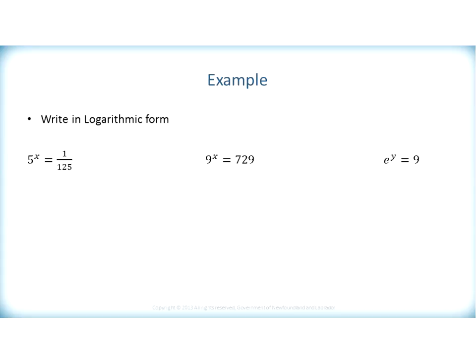Here we'll do the reverse. We'll write an exponential form into logarithmic. So we have the base, the exponent, equals the number, and we're writing it in log form. So we have log of a number, or the argument, base is equal to the exponent.